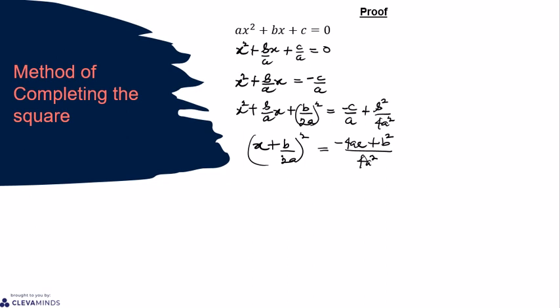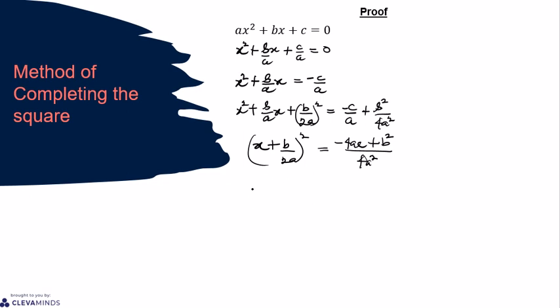Good. So the next thing for us to do is to make x plus b over 2a the subject by taking the square root of both sides, to remove the square. So we take the square root of both sides.